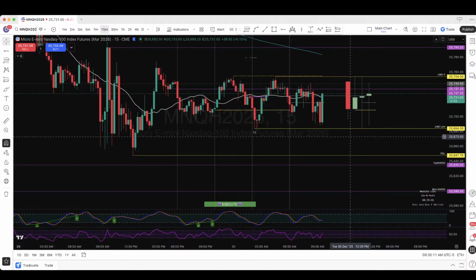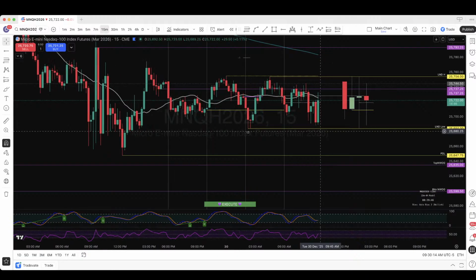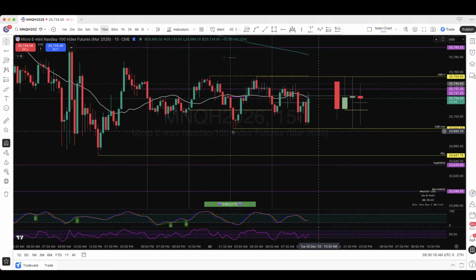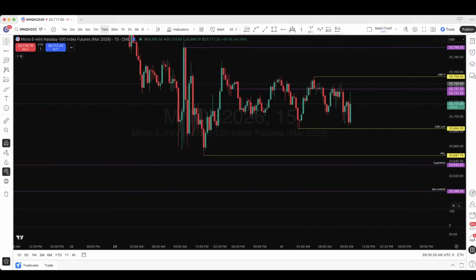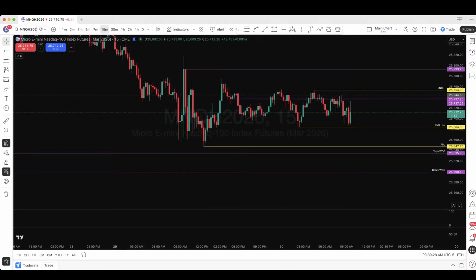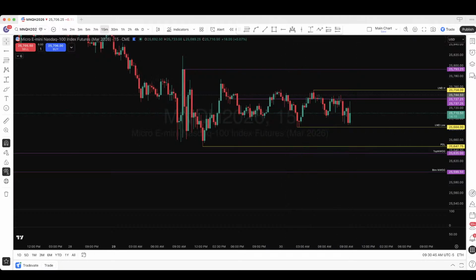That didn't hold anymore. This is tight range. Opens all right, not the best.